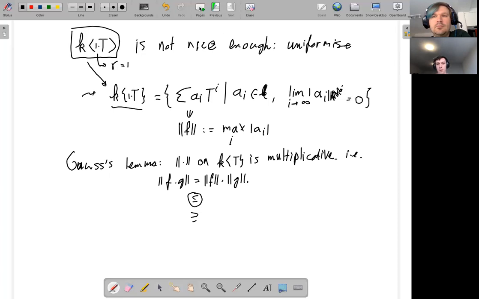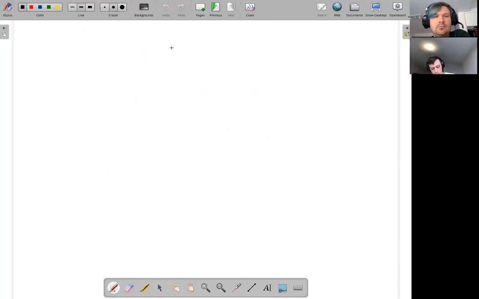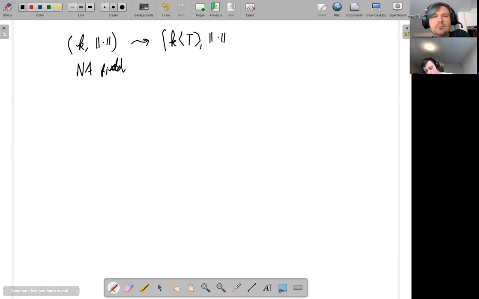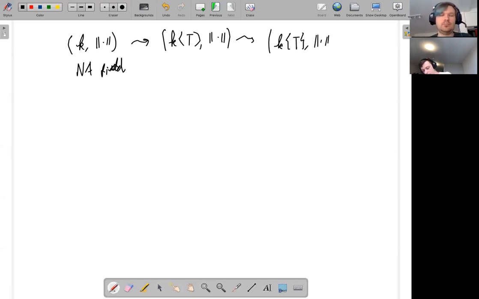Okay, let me just recap. We have K, a non-Archimedean field. Out of that, we get K⟨T⟩, and out of that, we get this ring.